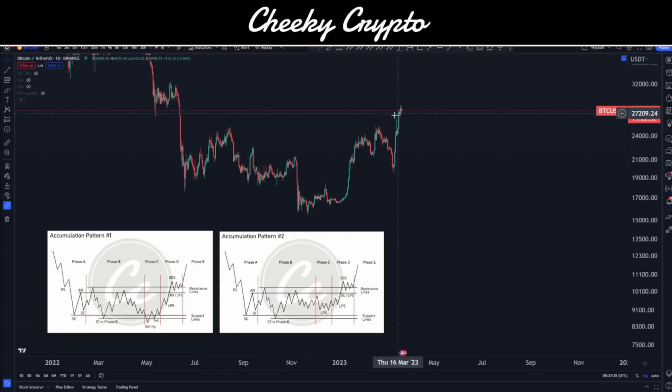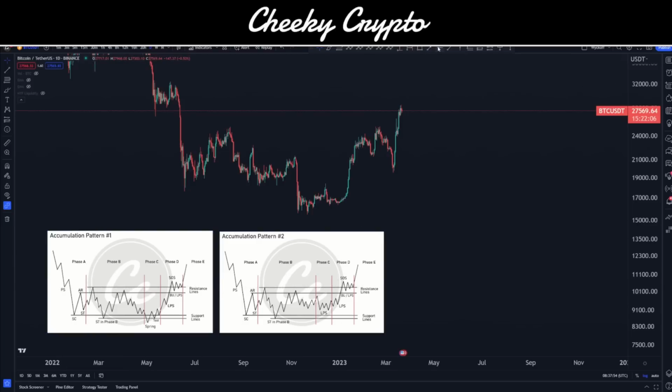Now, of course, we pushed above those resistances, meaning that we could not have had the selling climax, the automatic rally, the secondary test, or any of that. So essentially, that means we have to push things down here a little bit. It would mean that this potentially is our selling climax with an automatic rally, our secondary test, and then up here into our resistances. Now, if this is the case, that puts us right about here on the schematic.